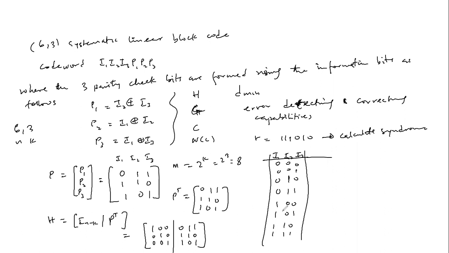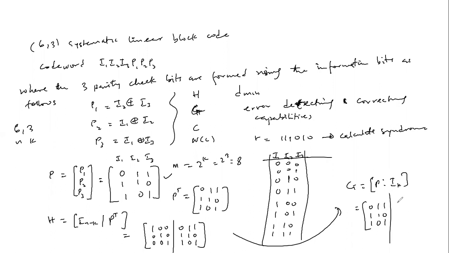So the generator matrix follows directly from here, G, which is the identity matrix followed by P, and since we already know this, the parity bits can be evaluated from this.